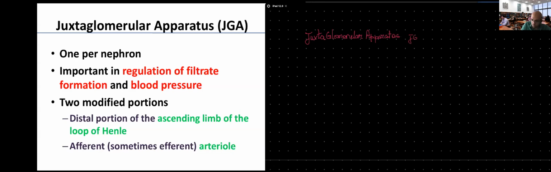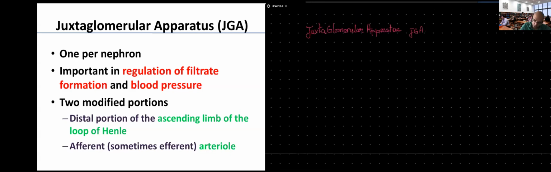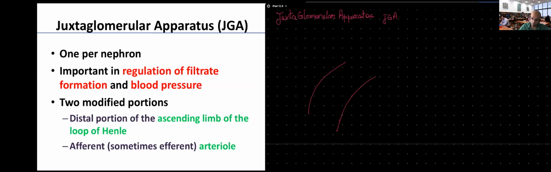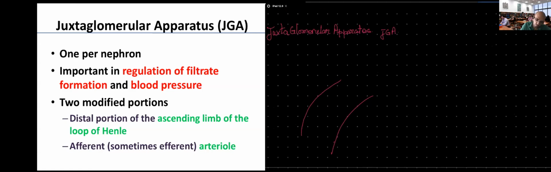Juxtaglomerular apparatus is going to be formed of 3 sets of cells. It's a cluster of cells that are present very close to the glomerulus, and this is where I got the name, juxtaglomerular.